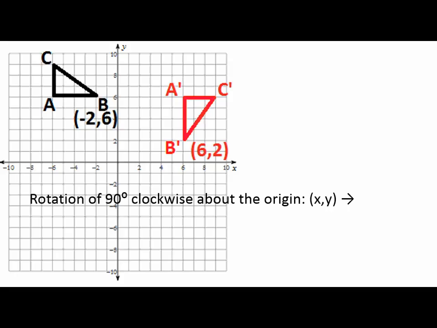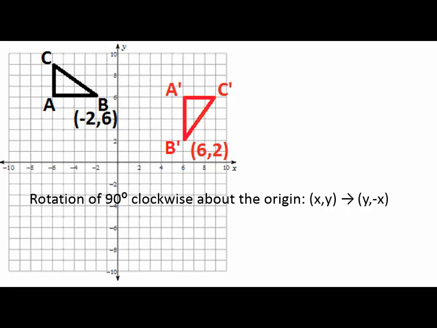So the rotation of 90 degrees clockwise about the origin, (x, y) becomes what? (y, -x). Good. For abbreviation, let me abbreviate clockwise as CW. Clockwise. Yes.